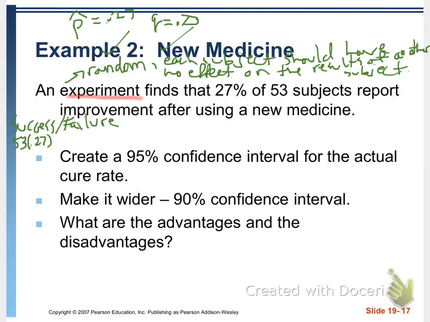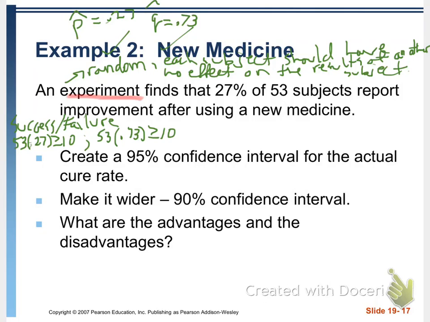You can't read that. 0.73. Okay, so that's what we're looking at right now. So I'm going to check whether that is greater than or equal to 10. The other one to check is 53 times 0.73 greater than or equal to 10.